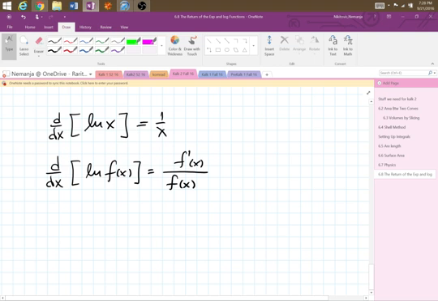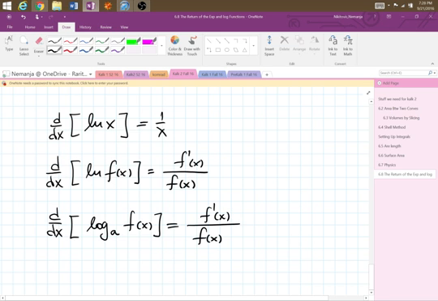But wait, if you call now, you can get the most general case for free, which is log of any base of f of x, which is: get the function, get the derivative. So you see that it's a progression from up there, and you just have ln a downstairs. And that is the most general case.